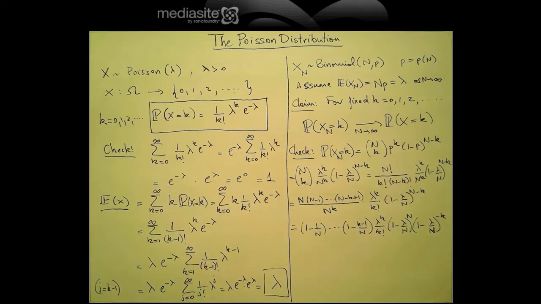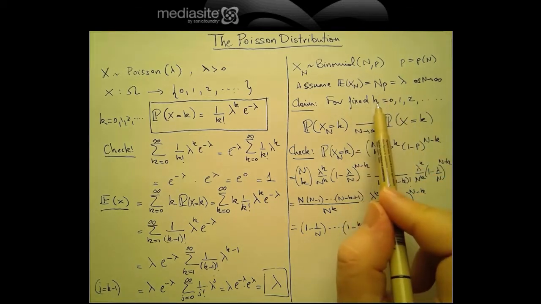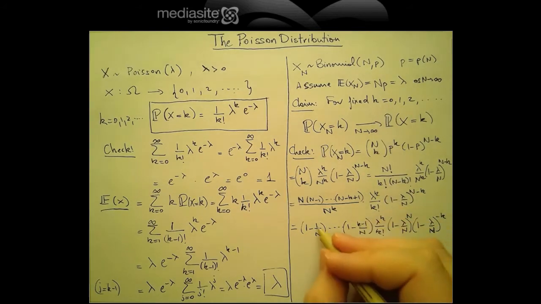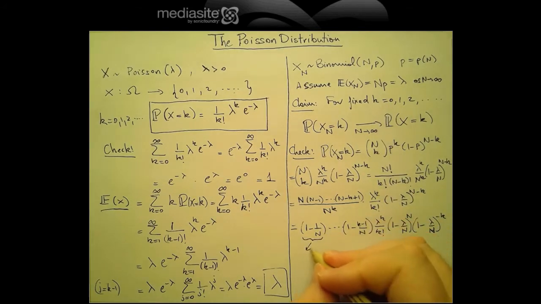I think we are ready to let n go to infinity. Remember, k is fixed. That's really important. As n goes to infinity, the first term tends to 1. There are k minus 1 terms, and they all tend to 1. Lambda to the k over k factorial doesn't depend on n. And 1 minus lambda over n to the minus k also tends to 1, because k is fixed and lambda over n goes to 0.